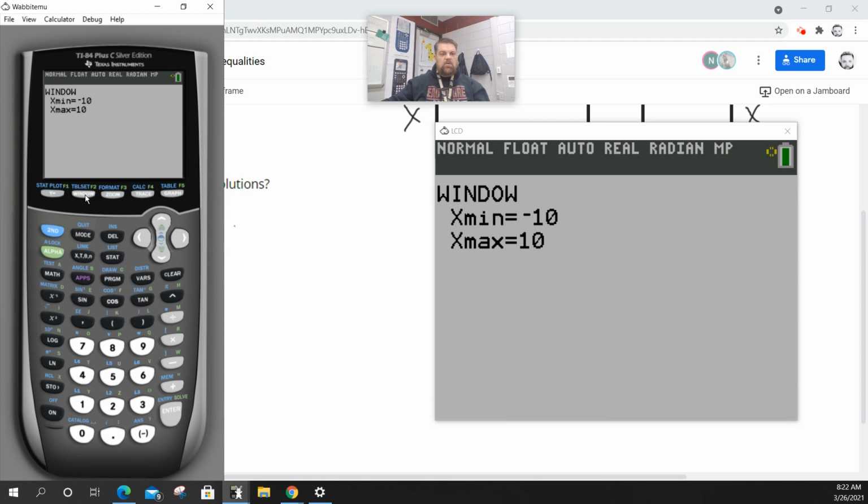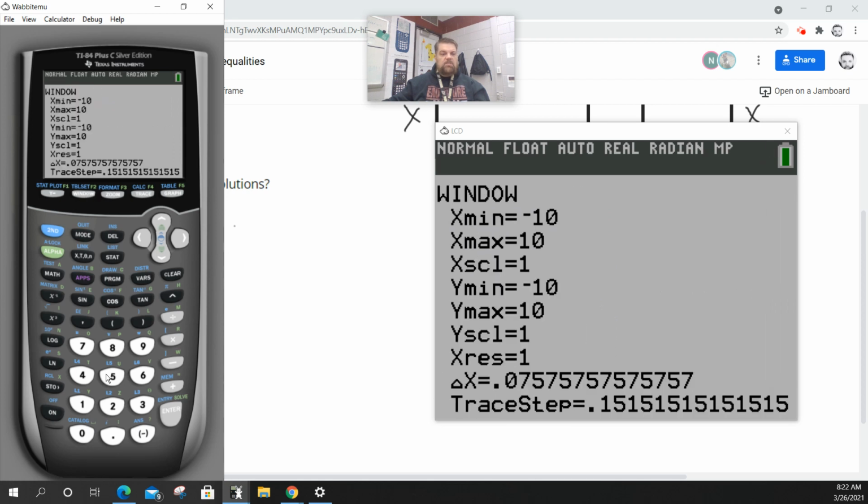I'm going to hit window. And so I'm going to do 0 to 40 for my x value. The minimum is 0, and then my maximum is 40. Now what I'm telling the calculator is that the minimum and maximum values you're going to show in the window in the x direction go from 0 to 40.